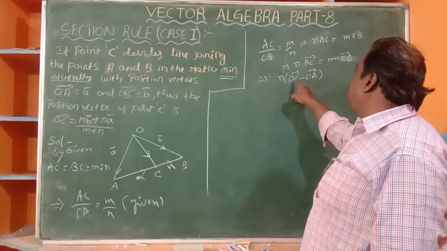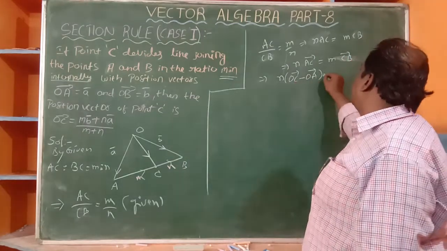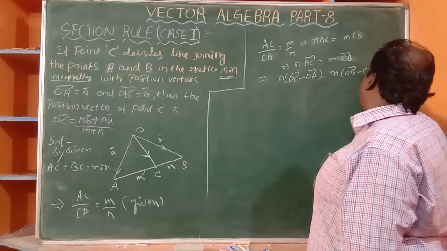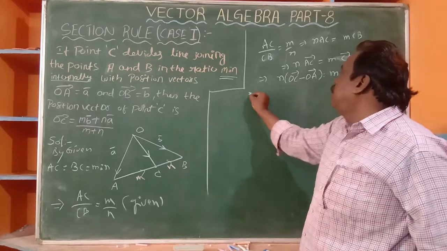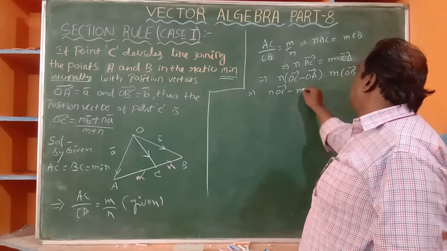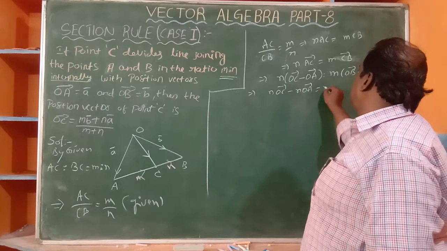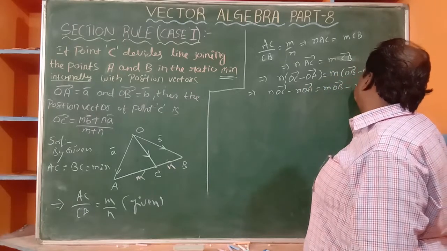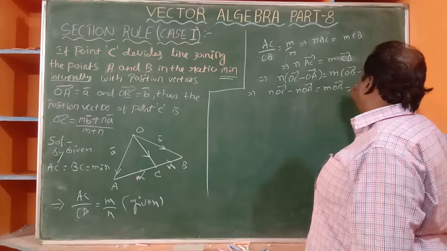Difference of position vector of terminal point and initial point. So the M, it is OB bar minus OC bar. It is N OC bar minus N OA bar. It is M OB bar minus M OC bar.